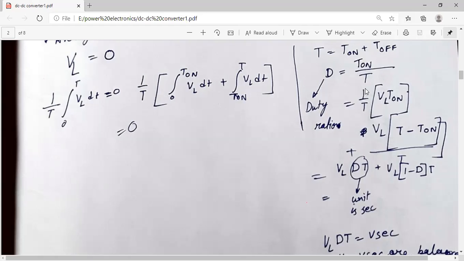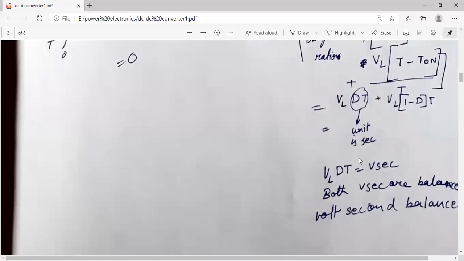that means 1 by T, if I consider inside this, then it will be the time period, and this unit is second. If I apply t on by T as D, that is D into T, plus vL into T minus t on by T, which is 1 minus D into T, its unit is second, and the total of this unit is volt second.